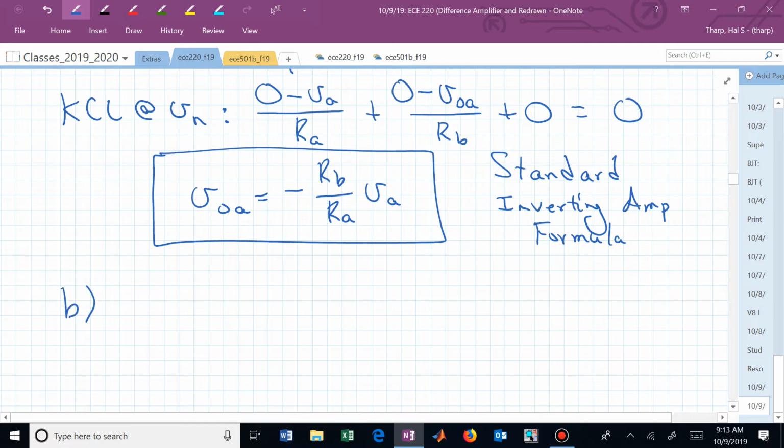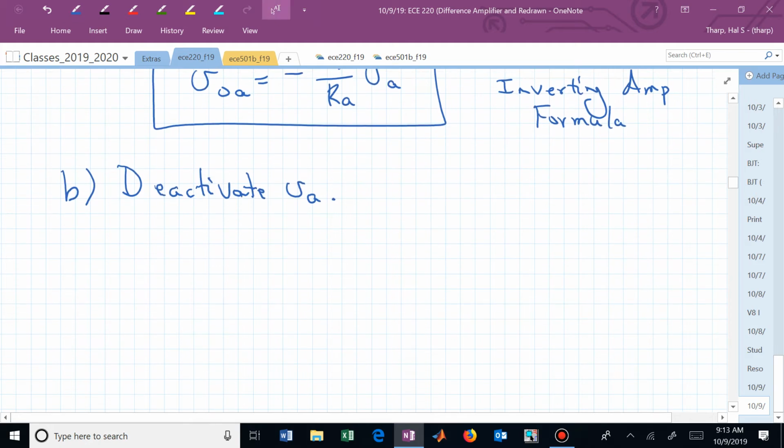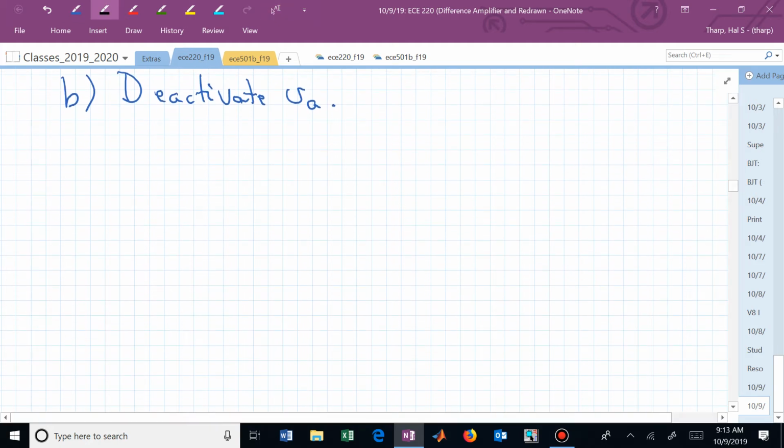Part B now, let's go ahead and deactivate V sub A. And let's just redraw the circuit.